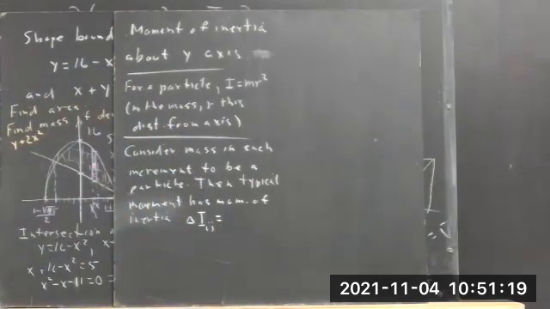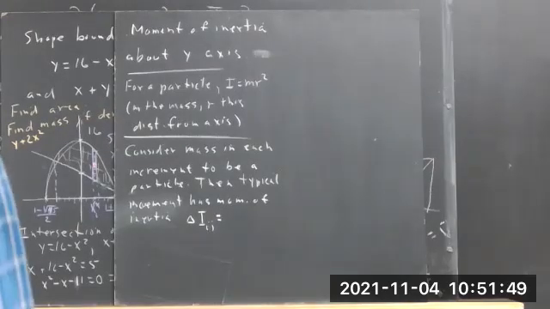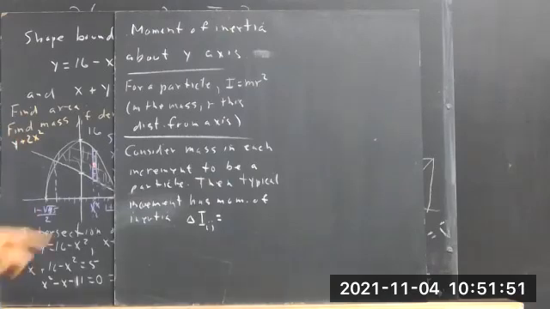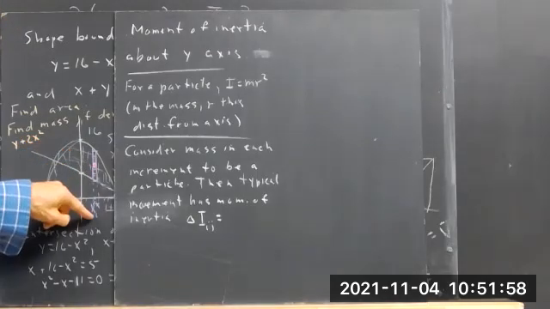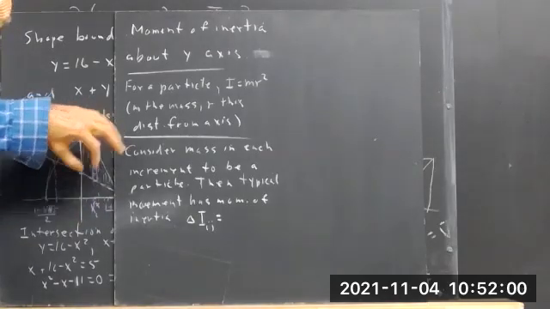Discuss that for just a minute. We're almost out of time, but I'm going to pause and discuss it. First we have to establish how far this typical increment is from the y-axis, but it's clear that distance is just xi star.